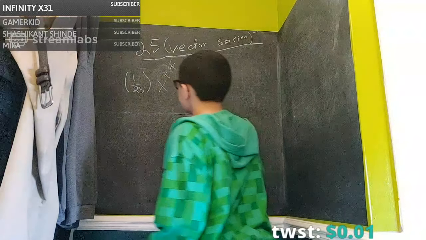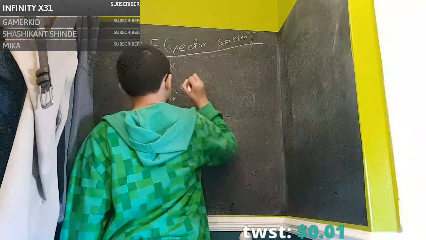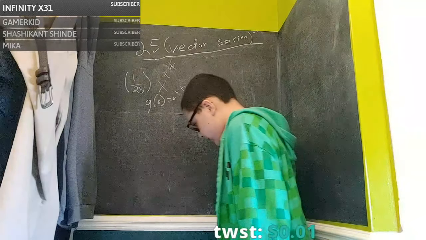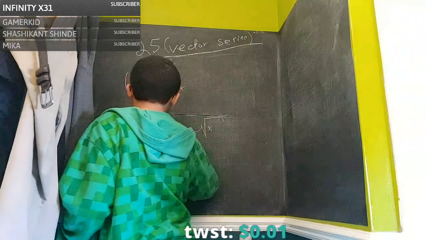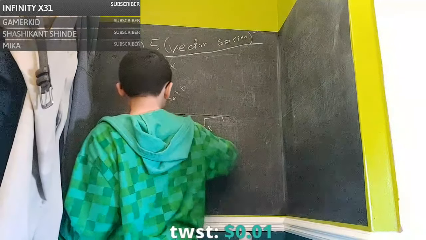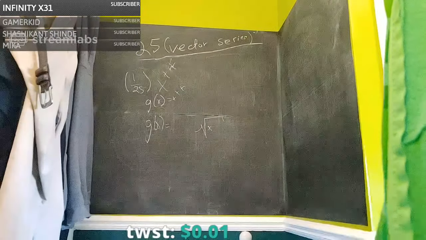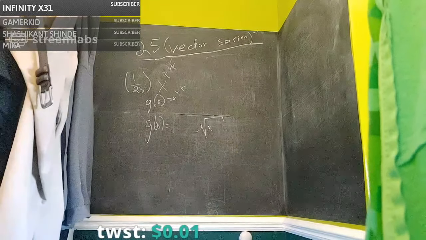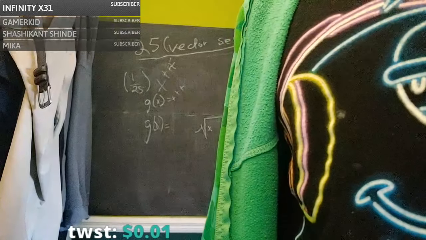So you write this in the form, g of x equals p x to the x to the x. Now at this point, I can rewrite this in the form equals. I have to remember, this is going to be quite hard, because x to the x to the x is tetration.